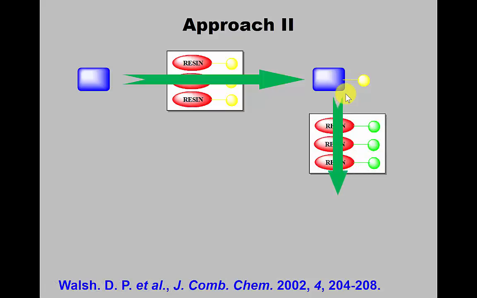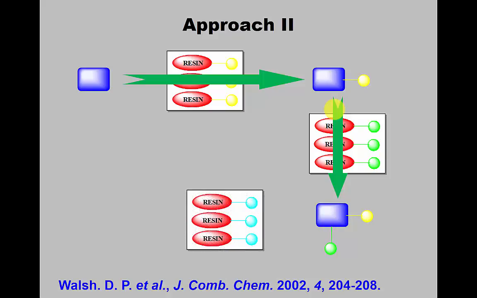This reaction can be repeated by passing through another resin-bound reagent, and we can introduce a second diversity, and even a third diversity also we can introduce. We can make a 3-dimensional library, but each reaction is 1 step, 2 steps, 3 steps. No other extra reactions are required.